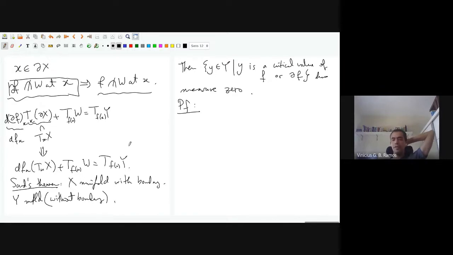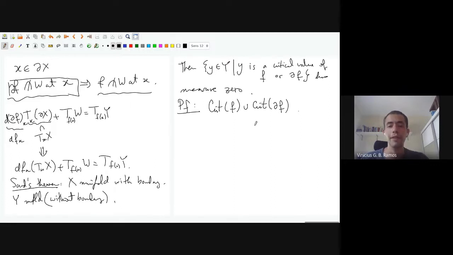So you could just remove that. But anyway, so what is this set? This set is the set of critical points of F union the set of critical points of the boundary of F.